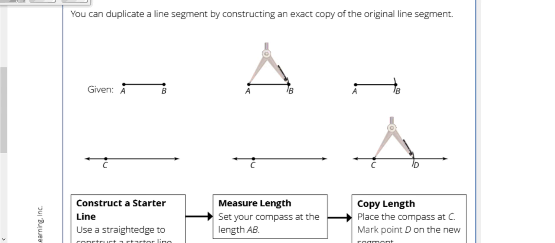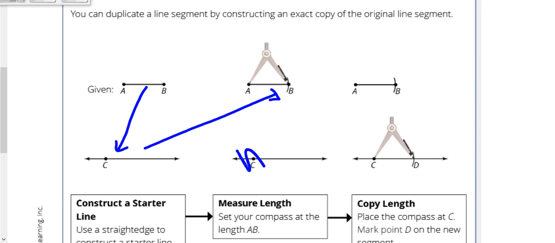So basically you can duplicate a line. It starts off, you're given this line segment AB, and you can't really duplicate a line. I should have said line segment, sorry. A line would just go on; you just put arrows on the end. But you start here, and then you draw another line, and then you go up here.